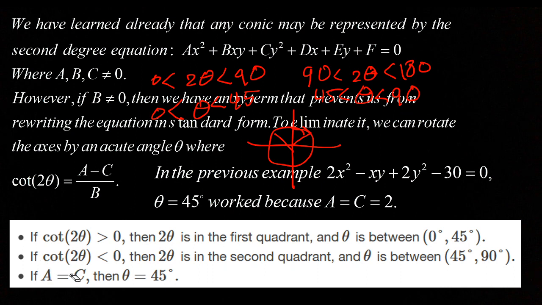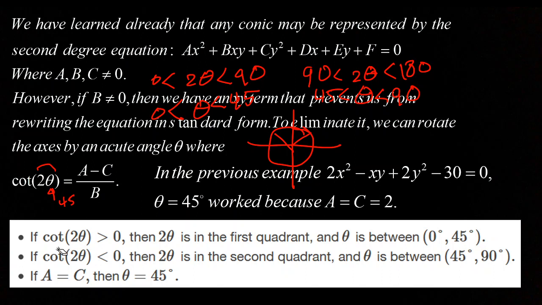And if a and c are equal, you get 0. If cotangent of 2 theta is 0, then the angle has to be what? 90 degrees, because cotangent of 90 is 0. So if 2 theta is 90, then theta has to be 45.